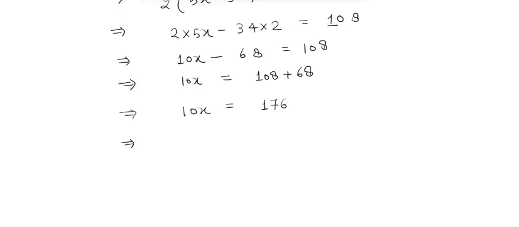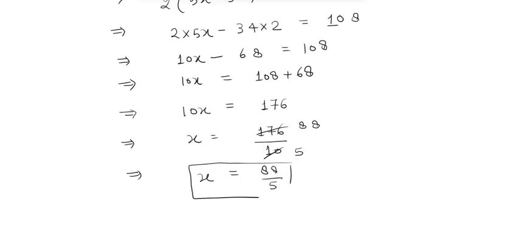So now we will get x is equal to 176 divided by 10. It implies x is equal to, divided by 2: 2 eights are 16, 2 eights are 16, 2 fives are 10. So x is equal to 88 by 5.